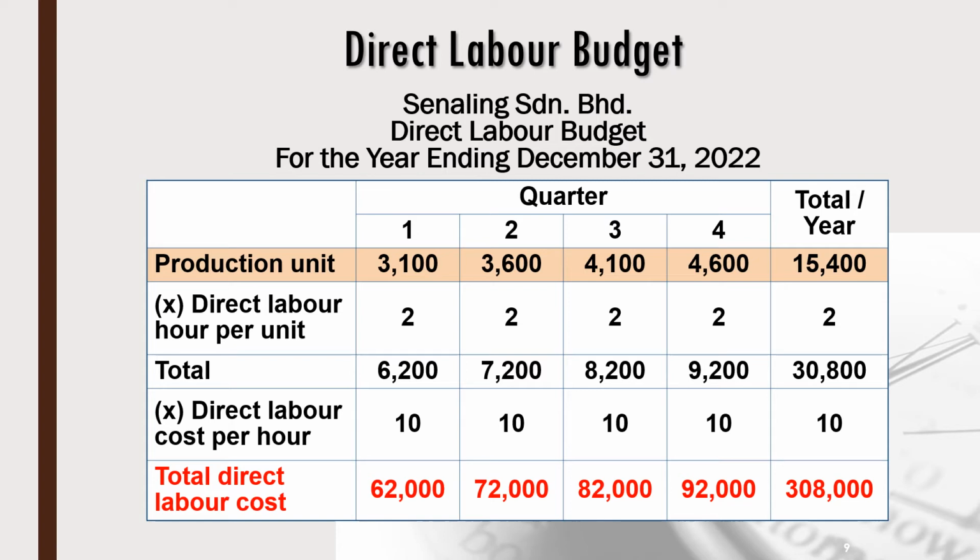So total direct labor cost equals 308,000. If you calculate vertically or horizontally, the amount must be the same, that is 308,000.